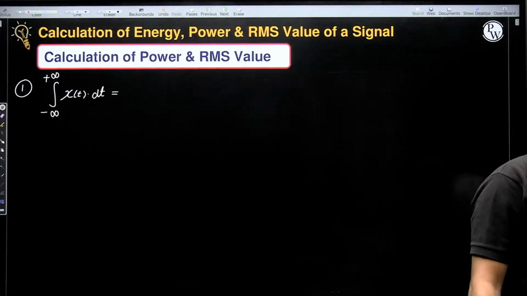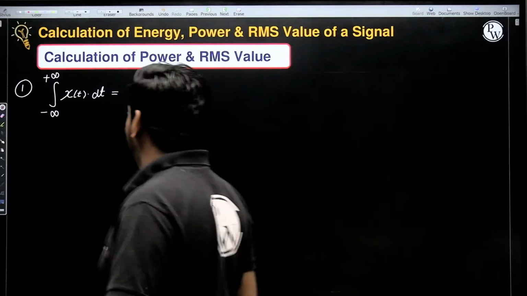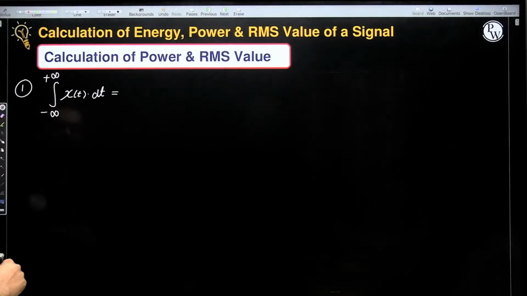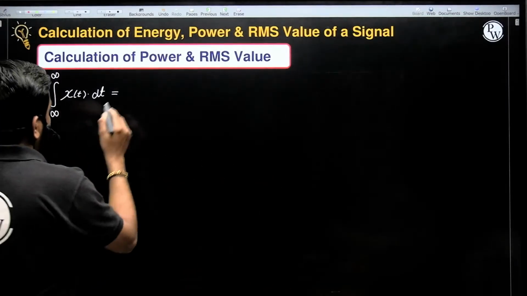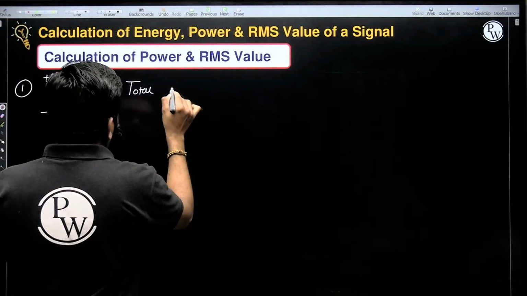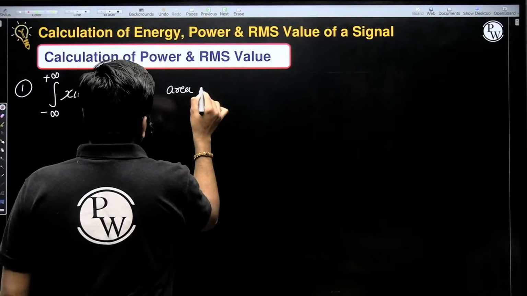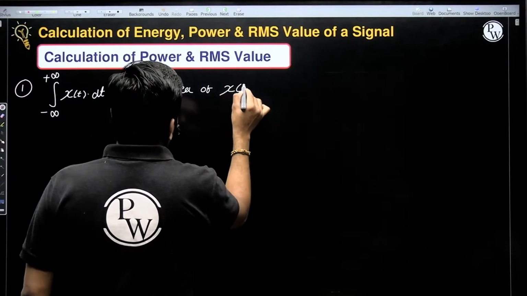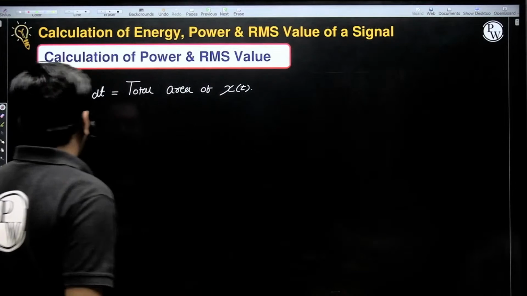Simply, if you integrate any signal from minus infinity to plus infinity, then this is known as the total area of the signal x of t, continuous time signal x of t.